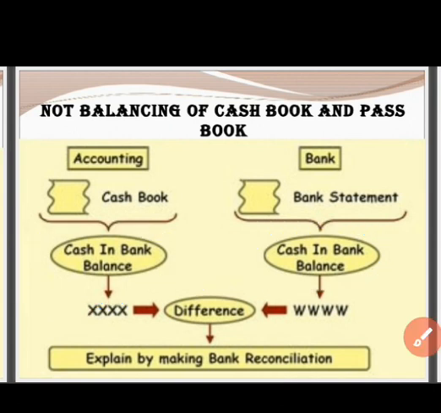Clear? You can see here, this is the balance according to the cash book and this is the balance according to the bank statement. There is a difference between them, and this difference can be tallied, or matched, by making a bank reconciliation statement.